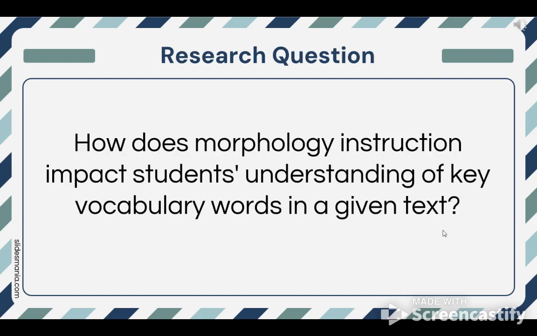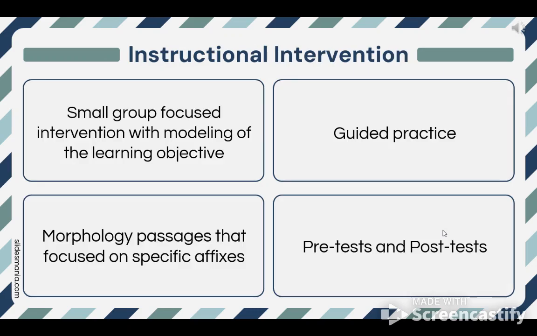The research question states, how does morphology instruction impact students' understanding of key vocabulary words in a given text? The product that is associated with my action research project is an instructional intervention, and this was a small group focused intervention that included modeling and then guided practice.